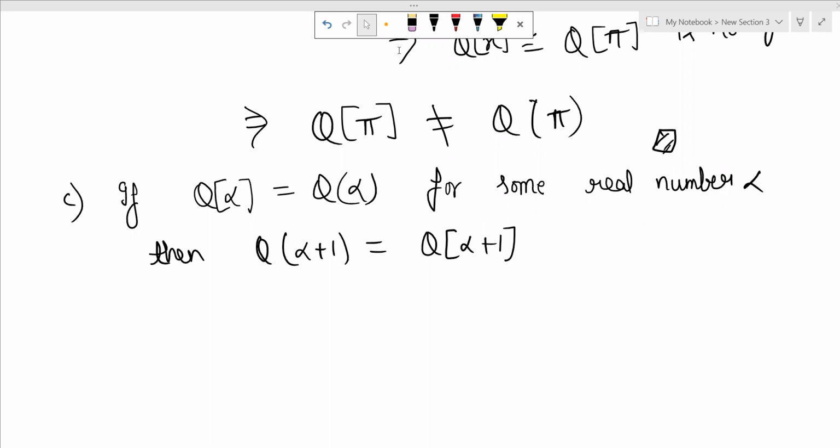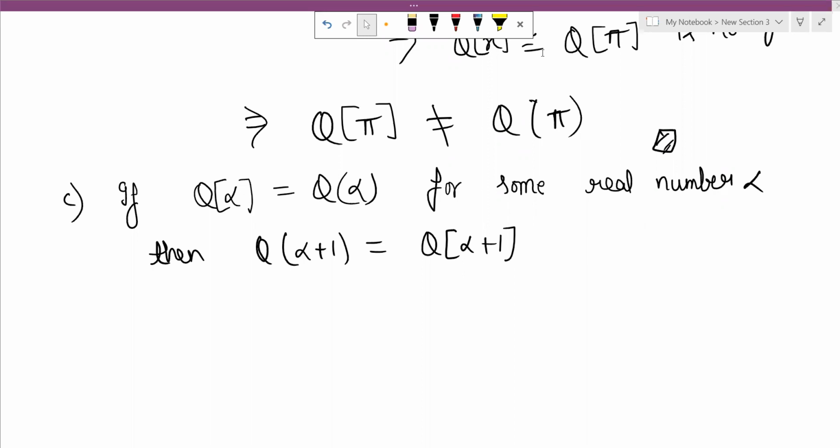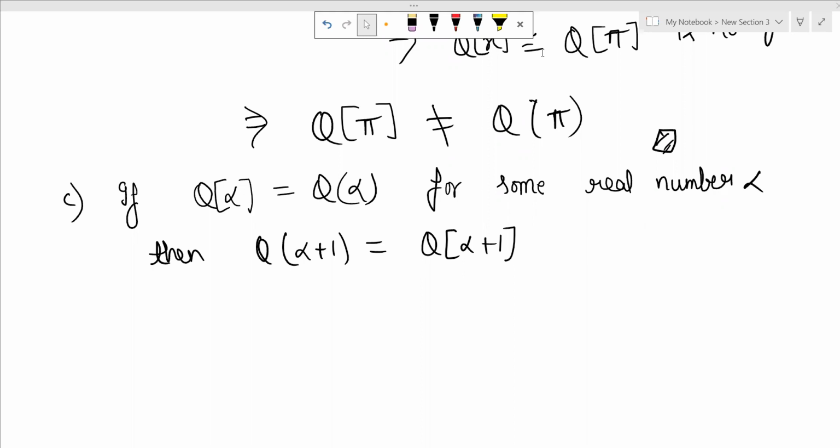Alpha is a real number, and if the condition given is that Q[alpha] equals Q(alpha), where alpha is a real number, then alpha plus 1 is also a real number. So what? Is pi not a real number? Pi is also a real number, but for pi, I proved that both these are not the same. What is given is Q[alpha] equals Q(alpha) for some real number alpha, not for every real number alpha.